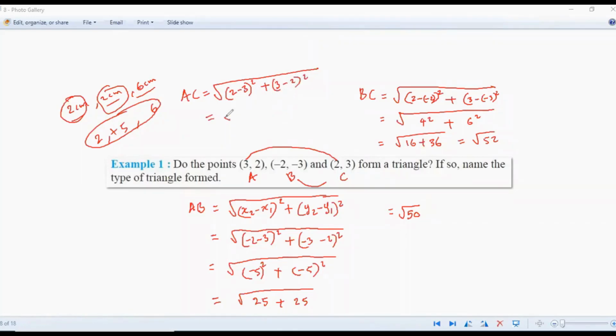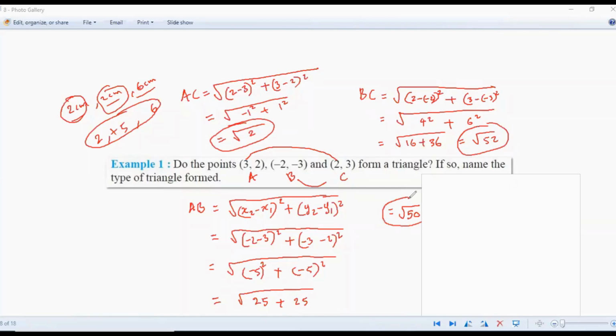So next step, that is (-1) square plus 1 square. Minus 1 square is 1, and 1 square is 1, so 1 plus 1 is 2. So root 2 is AC, root 52 is BC, and root 50 is AB.